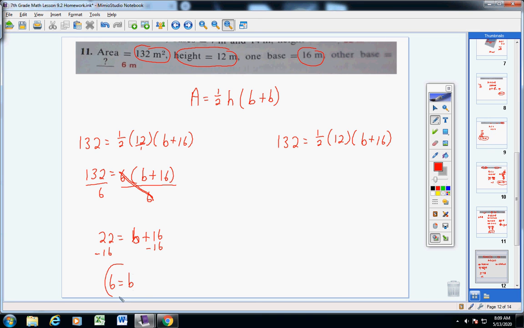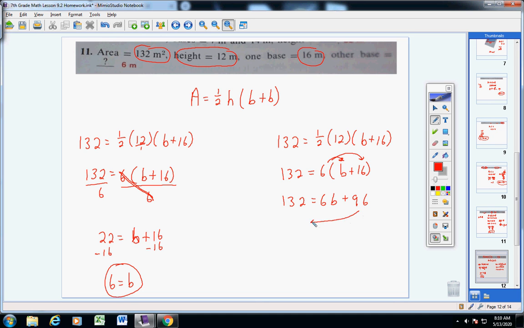So there you go. Now, I recommend a different way. I would say go ahead and multiply your 1/2 times 12, and you would get 6. Okay? And then take your 6 and multiply it through the parentheses like this. Like distribution, like you guys have learned in the past. So 6 times b is 6b, and 6 times 16 is 96. And now solve the equation.